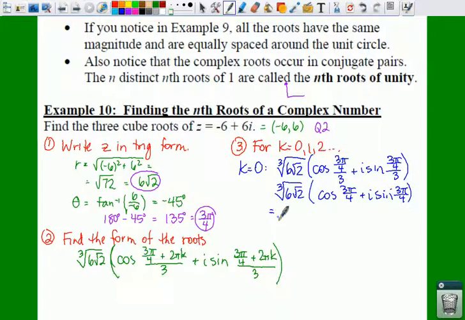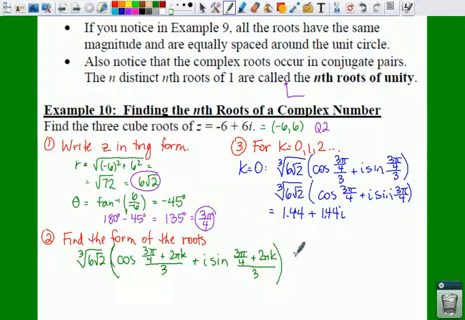Your actual root ends up becoming 1.44, that's what you get when you distribute this through your cosine, plus 1.44 I.